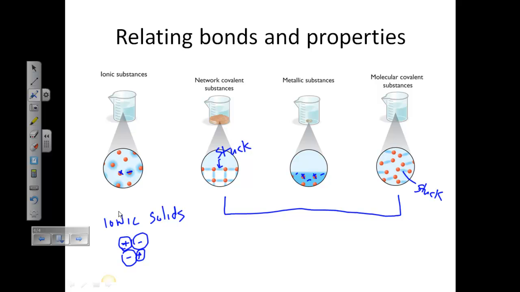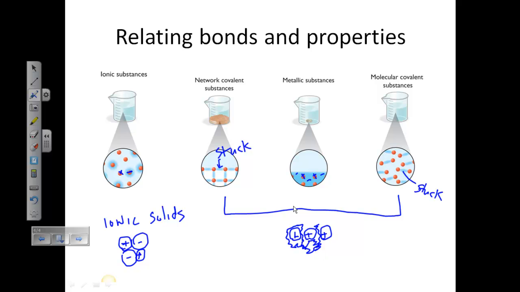Another interesting thing would be the property of metals. If you look at the property of metals, you'll notice that even though you have a bunch of positives in a sea of negative charge, you can bend it and move it into all different shaped objects. And that's because you always have the sea of electrons that act like the glue to hold the positives together.